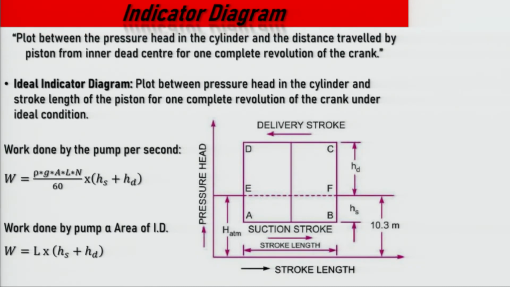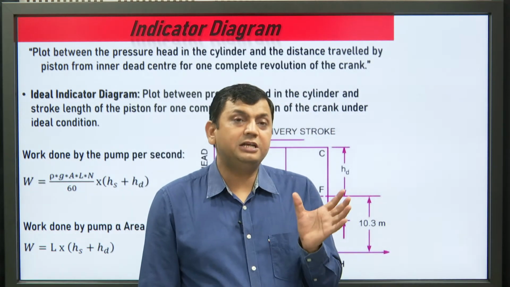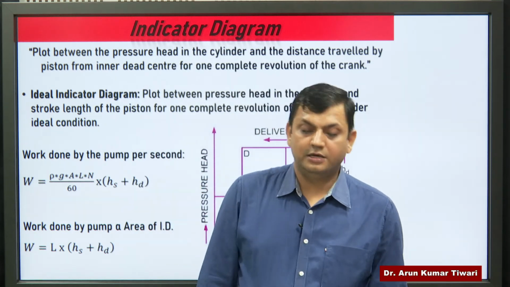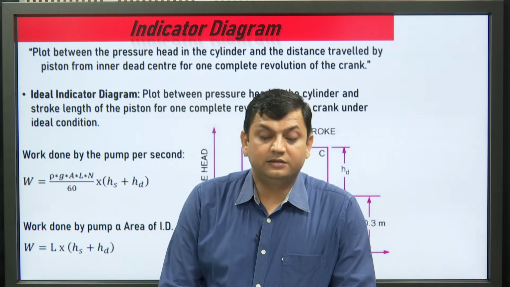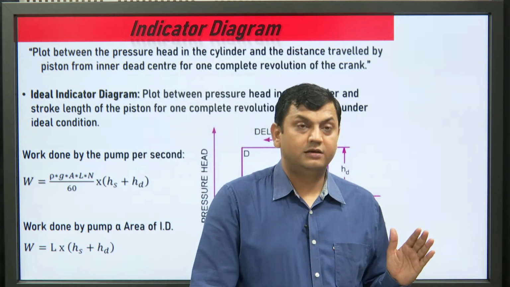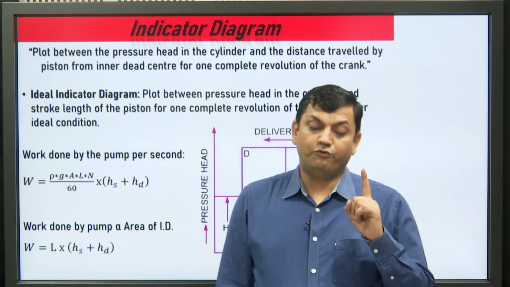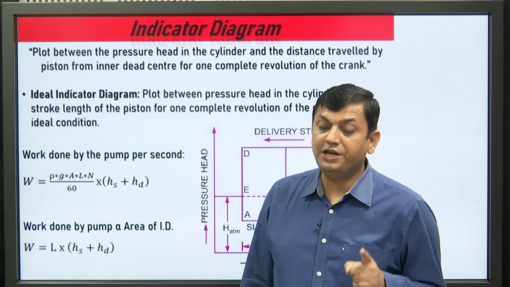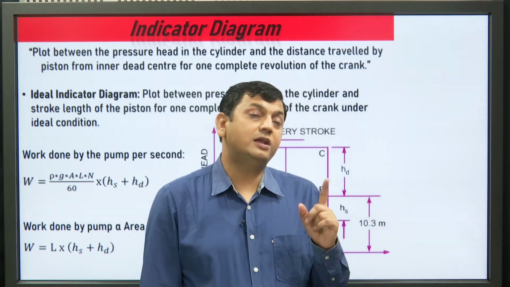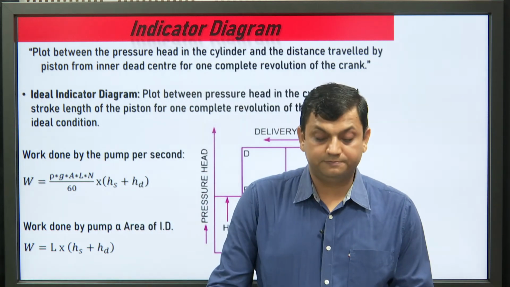Then the ultimate is the indicator diagram. What is the indicator diagram? In the ideal situation, this is the plot between pressure head, because we have calculated the pressure head in the cylinder, and the distance travelled by the piston from the inner dead center for one complete revolution of a crank.